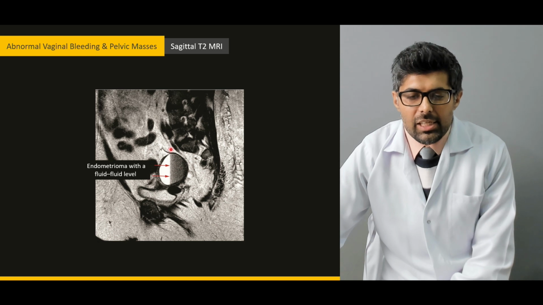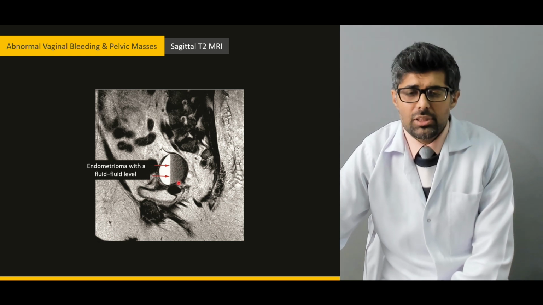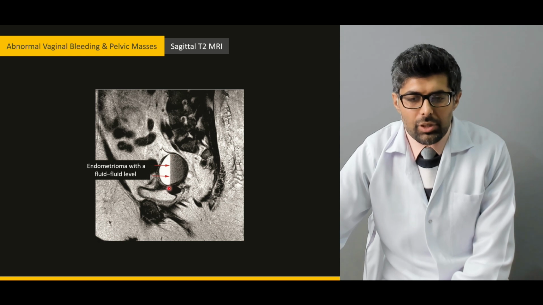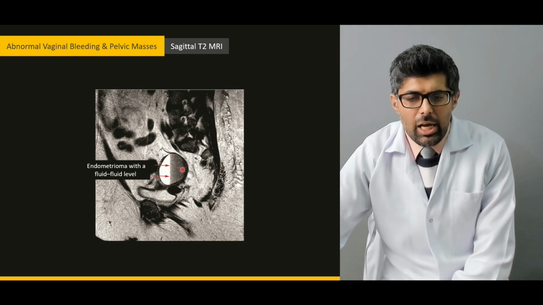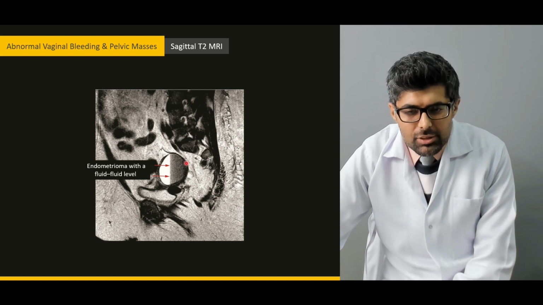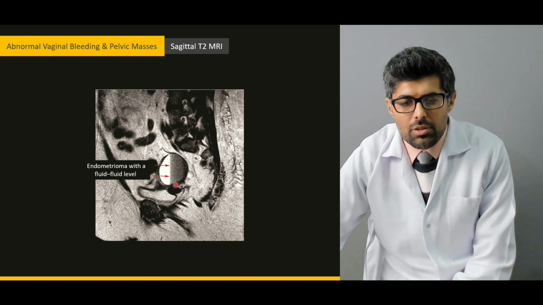You can easily appreciate that this is the uterus, this is the endometrial cavity, this is the air fluid level, and because of this there is presence of an endometrioma inside the patient.